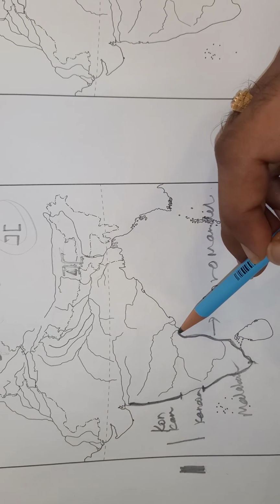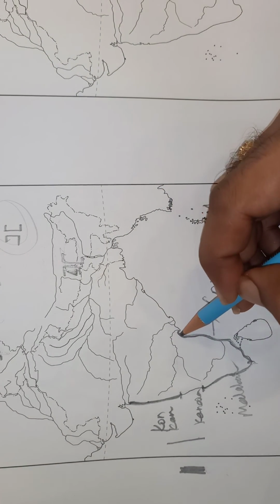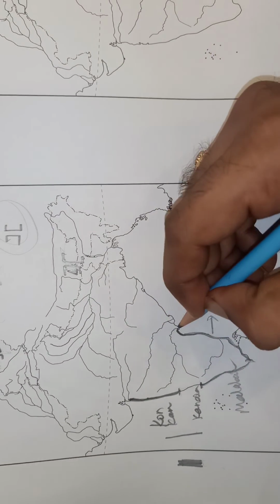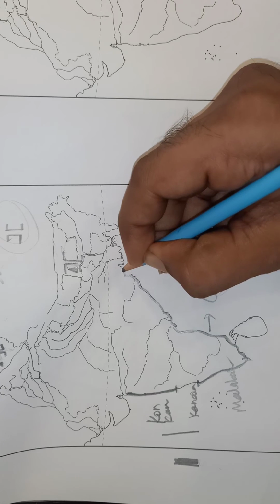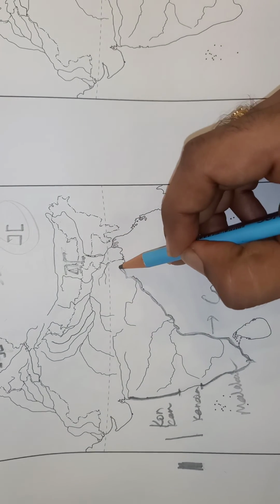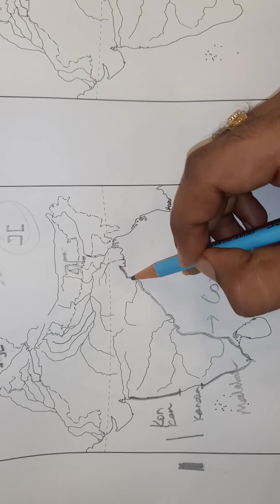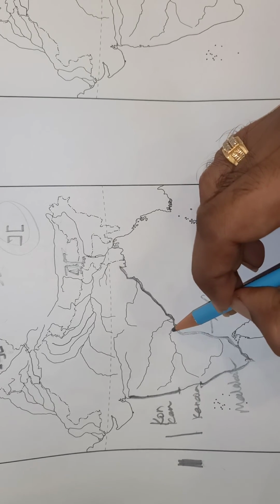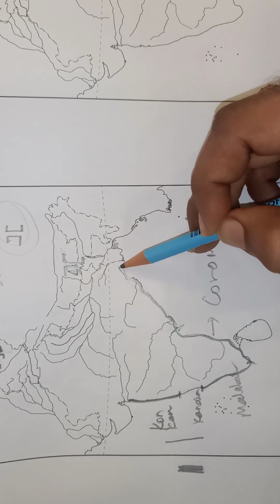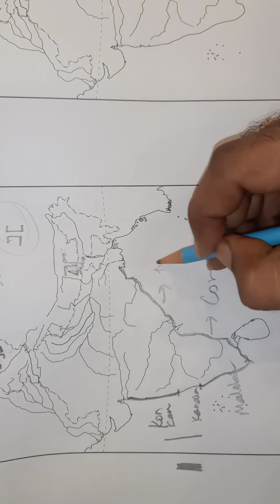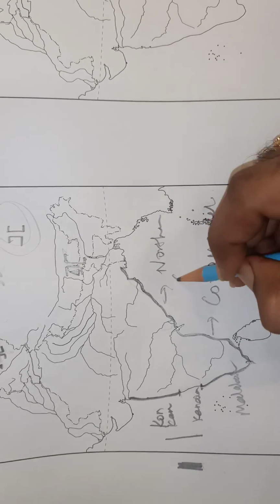Next is the Northern Circars, which starts from where the Coromandel coast ends and goes up till here. See, this is the intersection, from here up till here. This is called the Northern Circars.